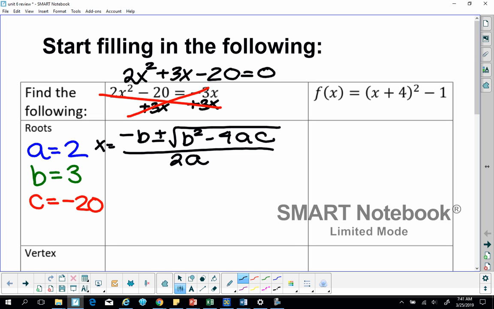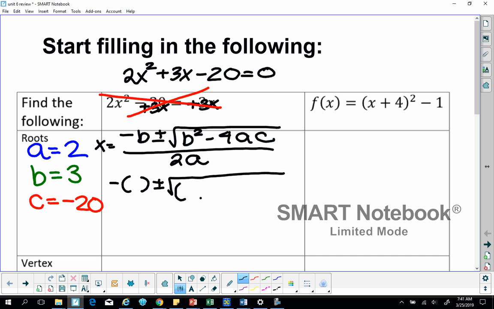Now you can either simplify it a little bit to make it easier, or type it in your calculator. Now when you type it in, you've got to make sure you remember the parentheses. So I'm going to rewrite this, but instead of the letters, I'm going to put parentheses. Like that.